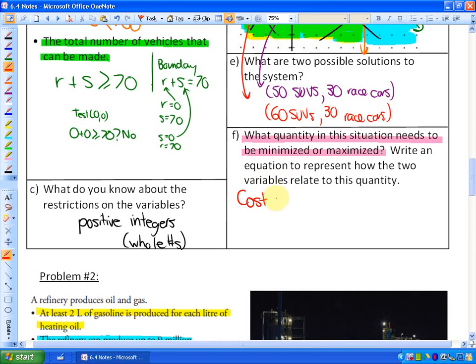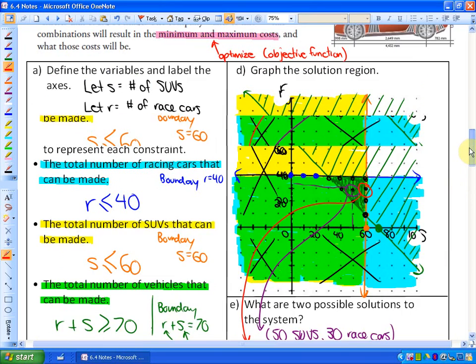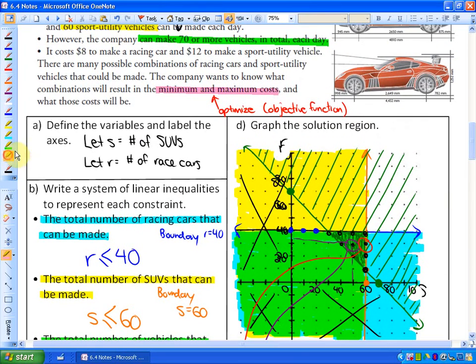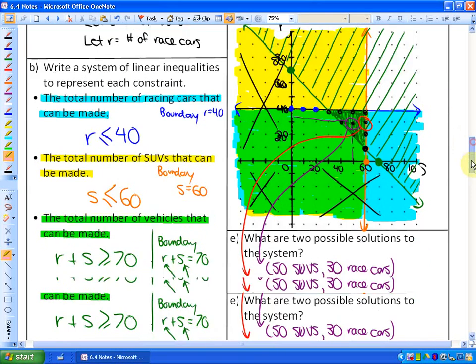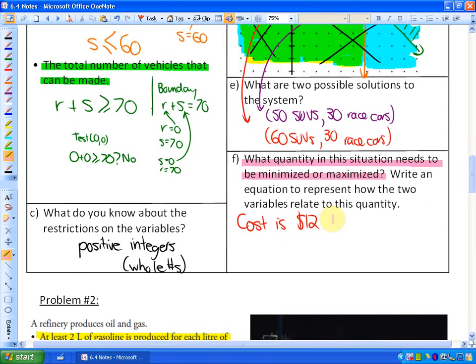Well, we know the cost is, I think we read it here, cost is $8 for a racing car and $12 for an SUV. So let me just write out kind of what that is. Cost is $12 for race cars and $8 for an SUV.